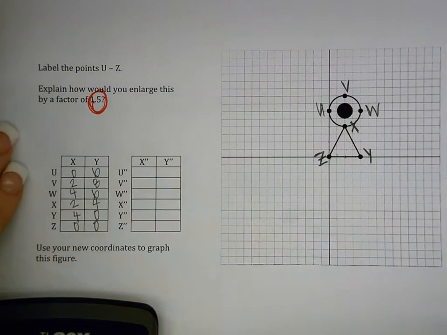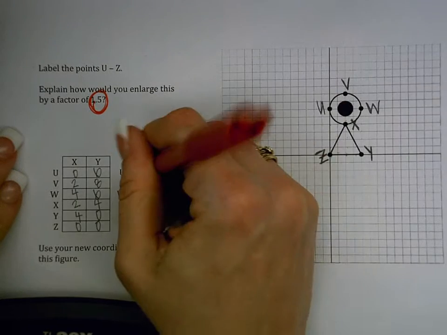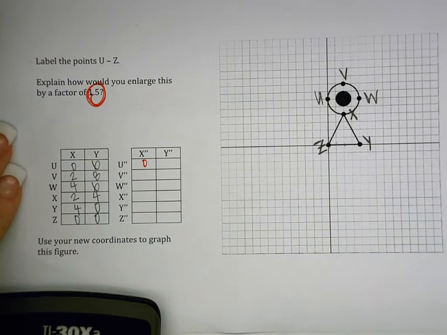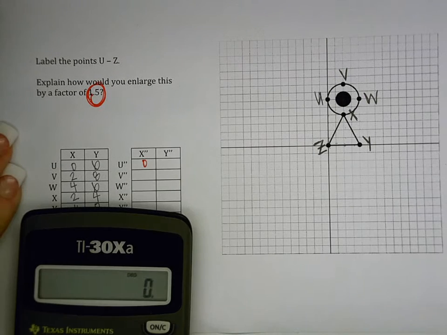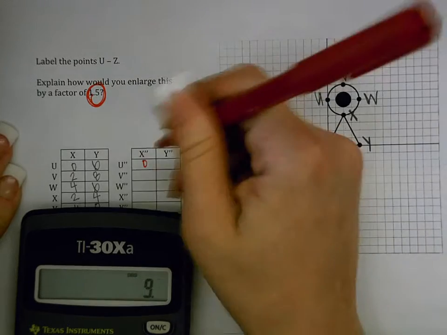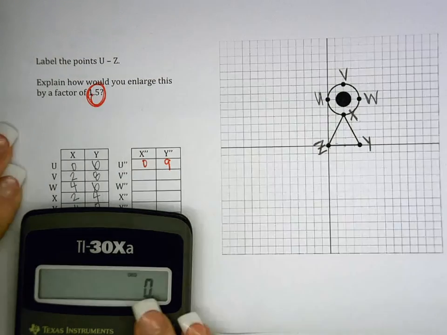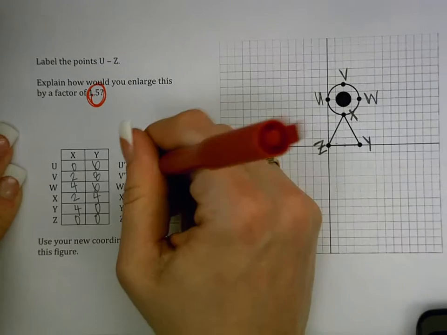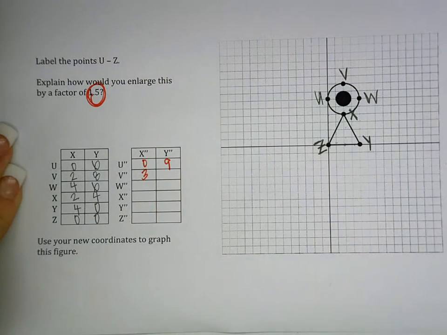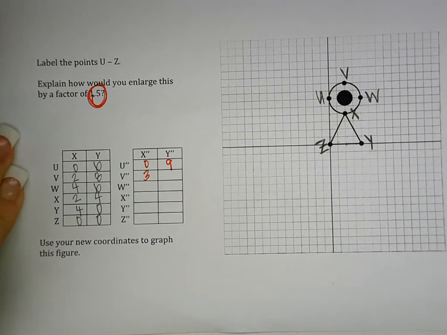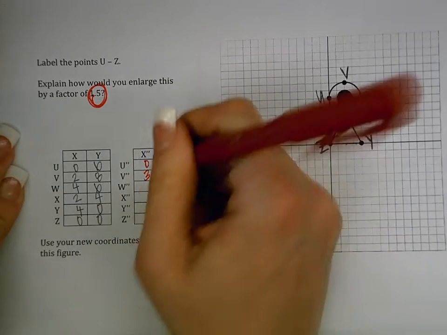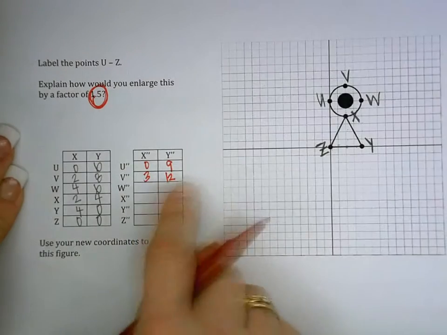If I multiply 0 by 1.5, it's still 0. 6 times 1.5 gives you 9. 2 times 1.5 gives you 3. 8 times 1.5 gives you 12. So far these are coming out nice numbers.